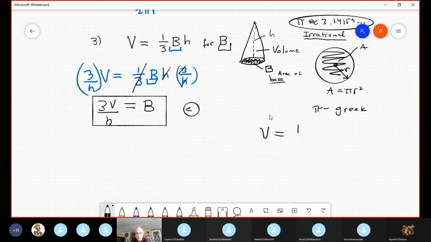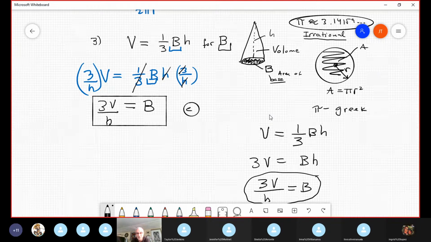B is equal to 1/3 BH. She says, well, you pass this 3 and multiply to the other side. Now you pass this H, divided, to the other side. Fantastic. Final answer. Same idea.